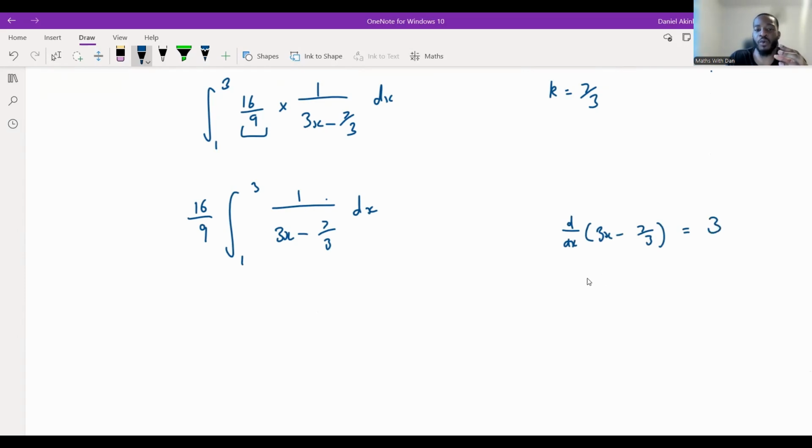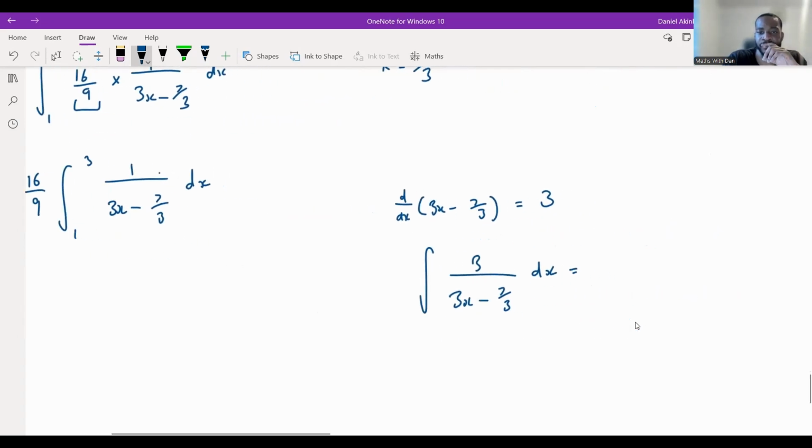So what that tells me is that if the integral was actually 3 over 3x minus 7 over 3 dx, could somebody tell me what this would integrate to become? Exactly, Kayshawn. It would be ln of the denominator. This is just a standard integral for ln, plus c, obviously. Yeah, good stuff.